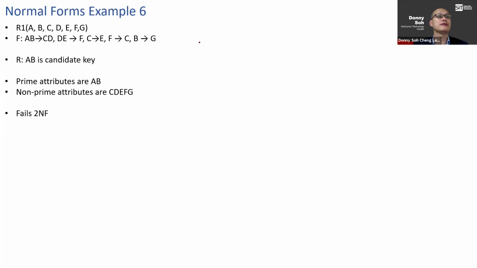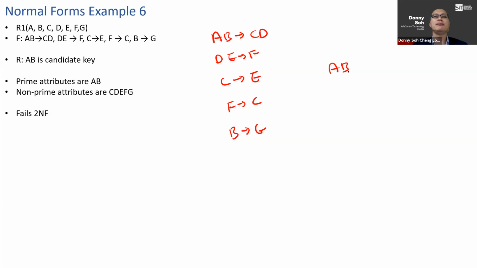The first thing I want to find is the candidate key. AB is not on the right hand side. A, B, C, D, E, F, G. Okay, so AB is not on the right hand side.